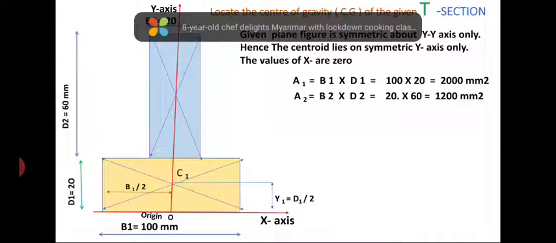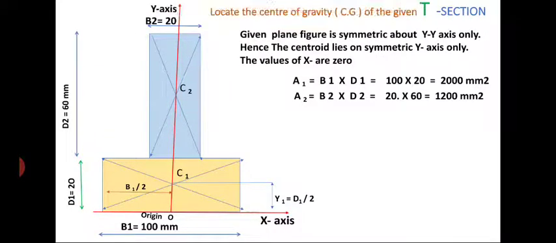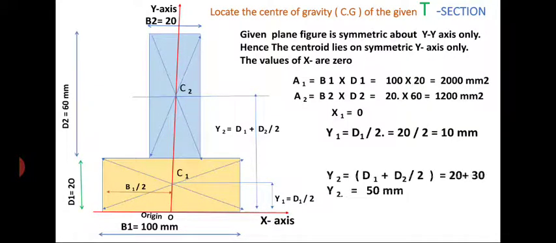Here we can observe it. x1 and x2 are 0, y1 equal to d1 by 2, y2 equal to d1 plus d2 by 2.